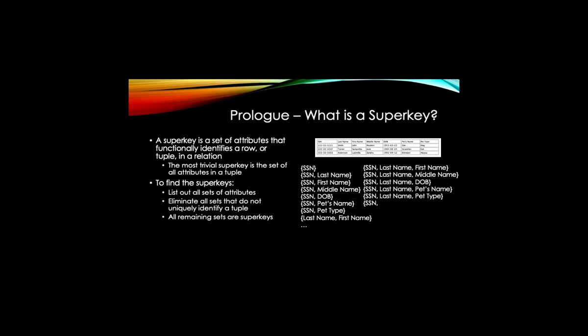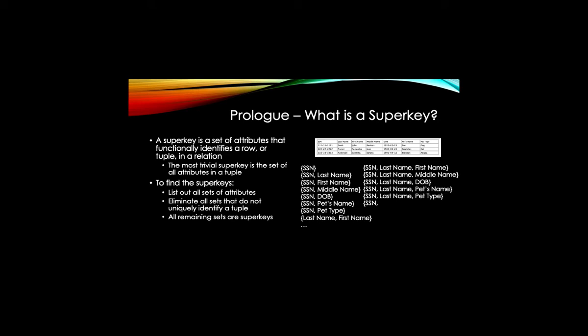We know that last name's not unique by itself. Last name and first name's probably not unique by itself. Last name, first name, and middle name, is that maybe unique by itself in the world we work in in this classroom? Last name, first name, and middle name is enough to be unique. And that's where we start to typically go off the rails in database design, because we think about the data that we're presented with.